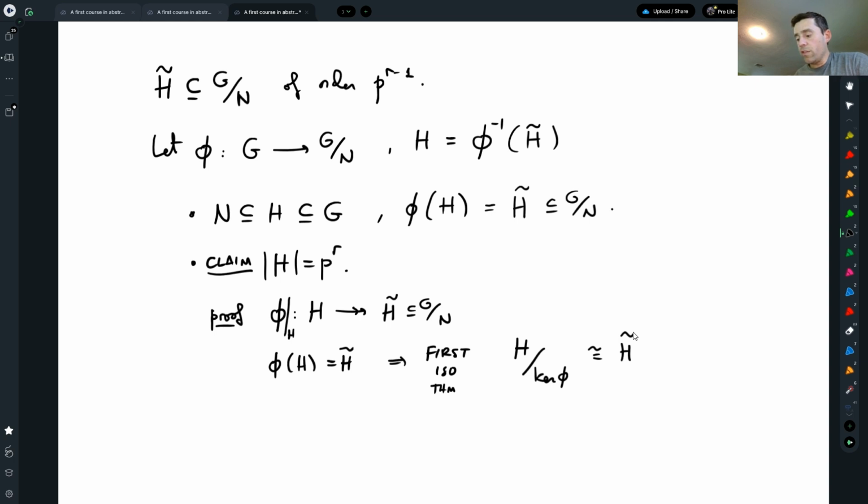Now the kernel of this map is N, and N is contained in H, so this kernel is in fact N.